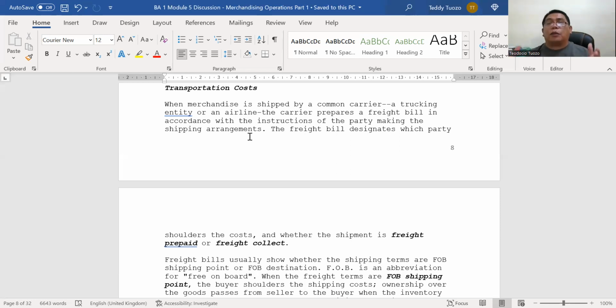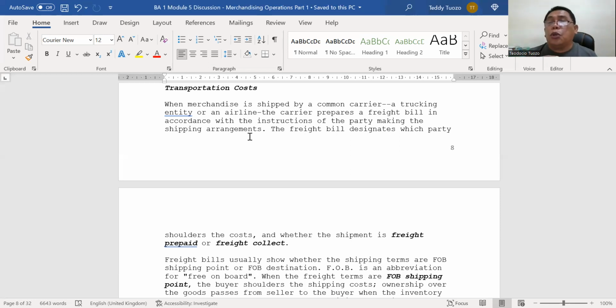The point that it was already received by the buyer under FOB destination, wala nang labot si seller.